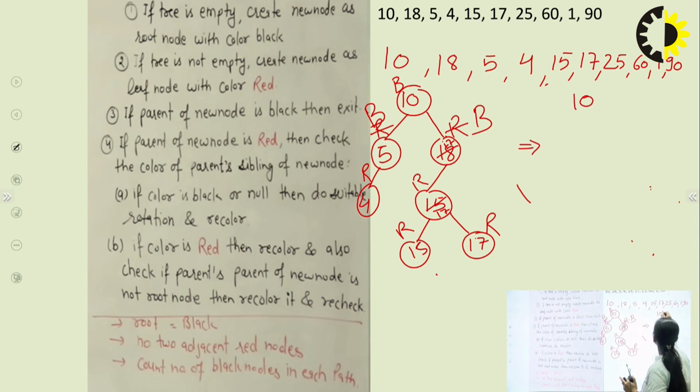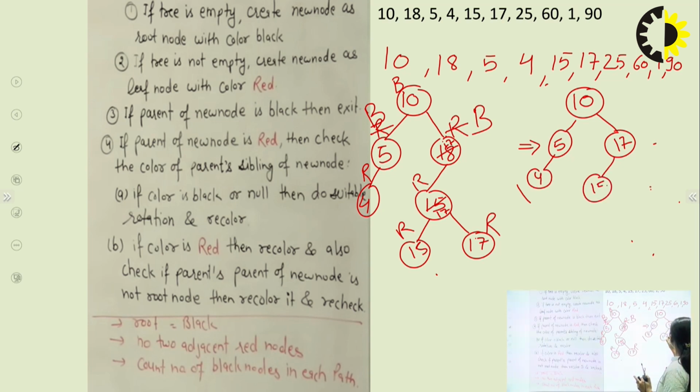So what is the final result? It is 10, 5, 17, this is 4, 15 and the 18. So the last rotation is between the 17 and the 18.